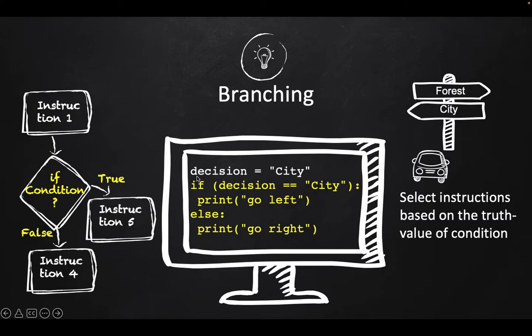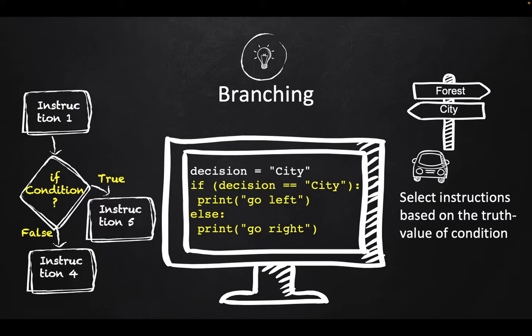Here, decision is a variable where I am storing my decision, which is city, a string. And inside if, I am comparing whether my decision is actually city or not. If the decision is city, then you go left. Otherwise, that is else, go right.